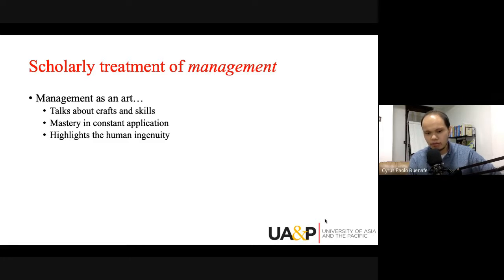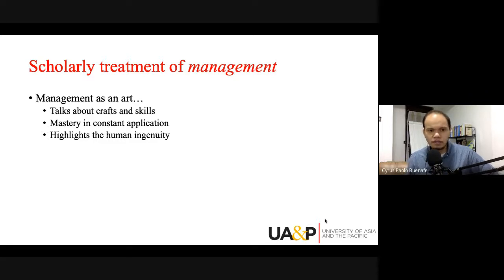It's not through a strict implementation or a strict following of a recipe that you actually gain the outcome, but it's really more of having a holistic understanding of the situation and then looking at what crafts and skills would be applicable in those situations. So that's where art comes into the picture, and that's how management can be seen as an art.